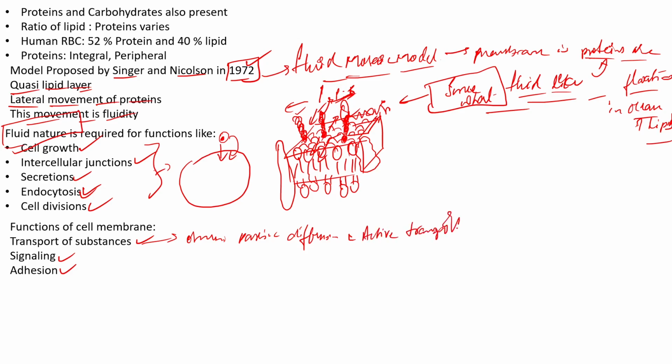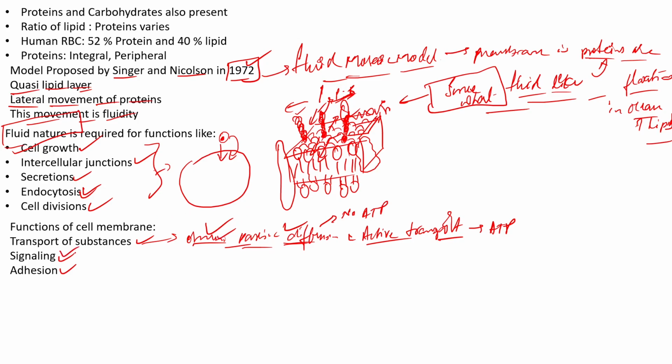You will study these mechanisms in more detail in the chapter on transport in plants. In a nutshell, active transport requires energy, that is ATP. Passive diffusion is a movement of substances from a region of higher concentration to lower concentration, and it does not require ATP. Osmosis is a movement of water molecules from a region of higher concentration to lower concentration.